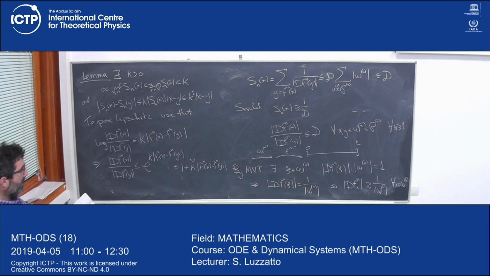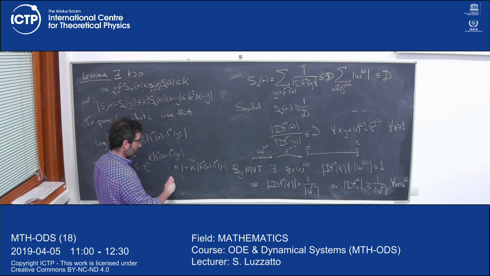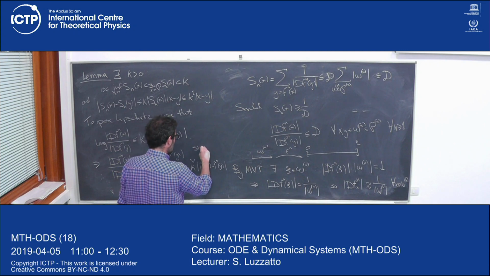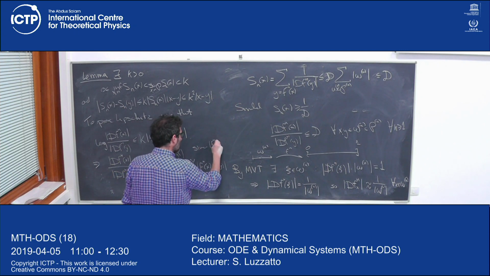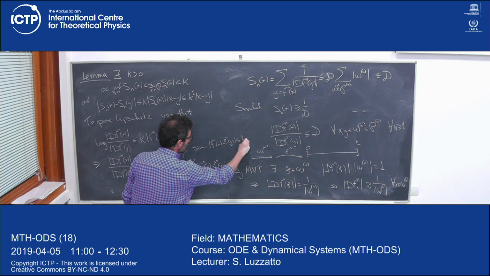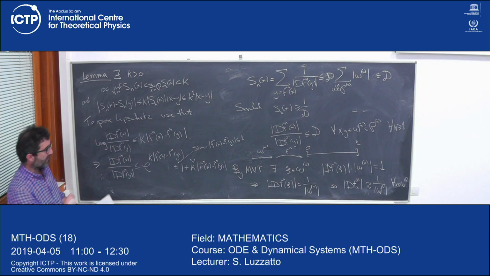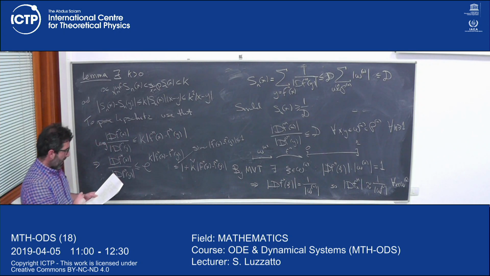Sorry, this is true because this is small. Since fn of x minus fn of y is less than or equal to 1, then we have this. We can write it like this.